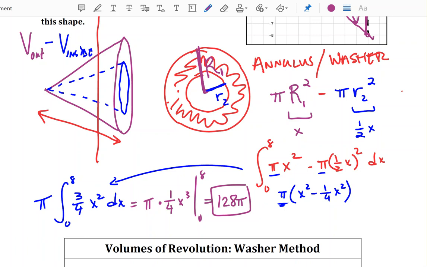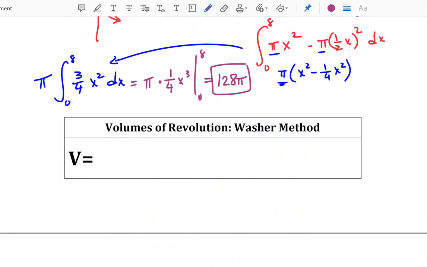So let's just synthesize what we did into a generalized formula. The washer method is going to apply to any graph in which you have two different functions and the shaded region lies between those functions, and you are rotating that around the x-axis.